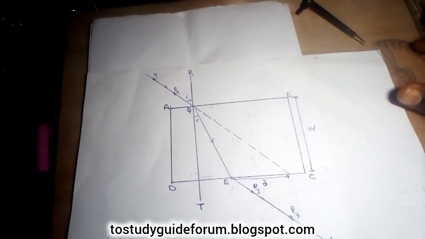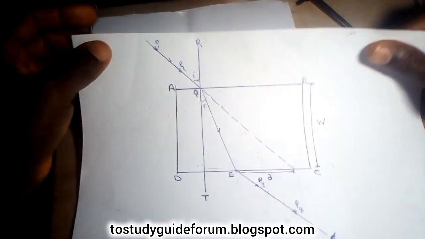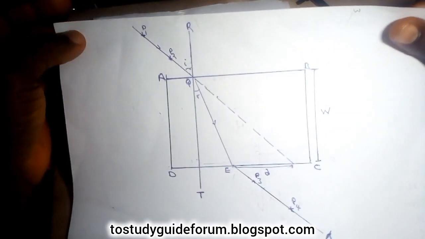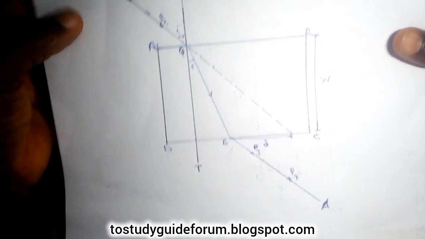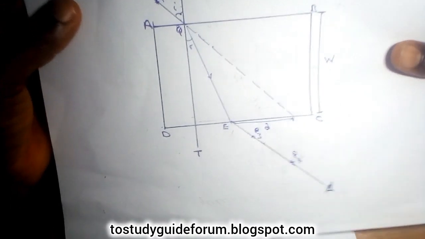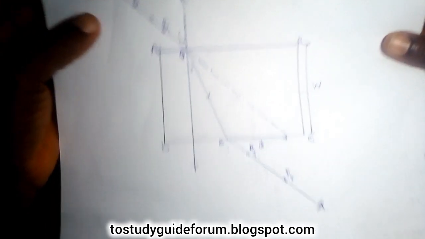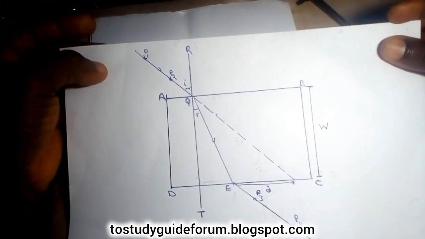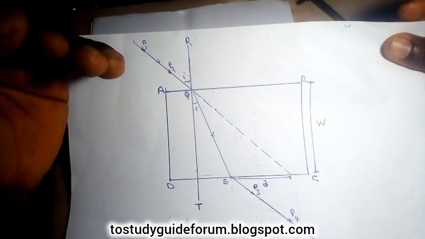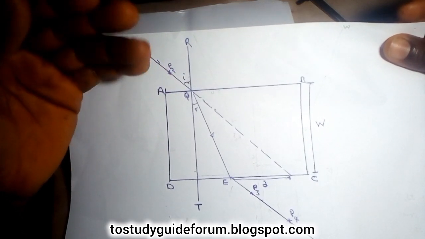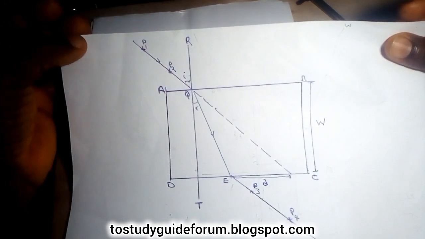So in this video we are going to be doing a practical on physics. This practical has to do with refraction of light. Now the drawing I have here with me is the drawing of the values you are expected to record or tabulate.